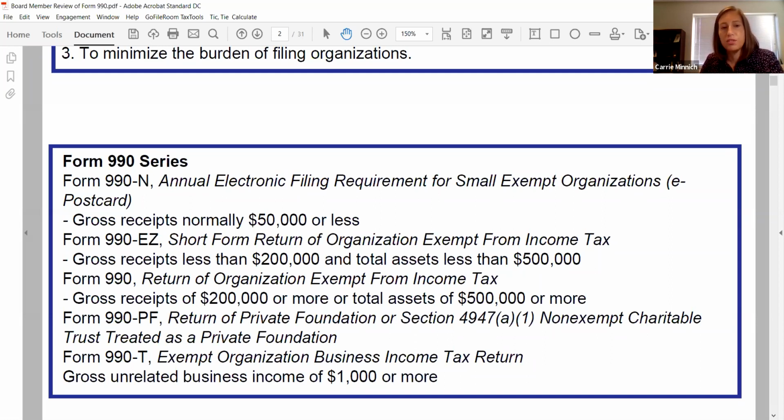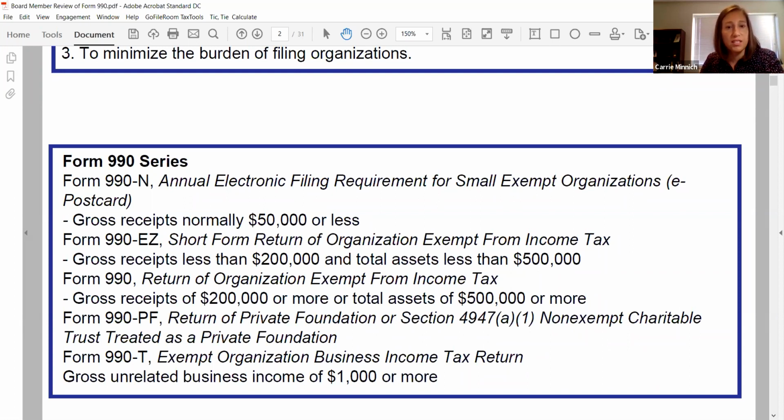There are some exceptions where certain nonprofits have to file a Form 990 even if they have less than $50,000 of gross receipts, but those are pretty rare. So these are pretty much the standards as far as what level of 990 your organization should follow.